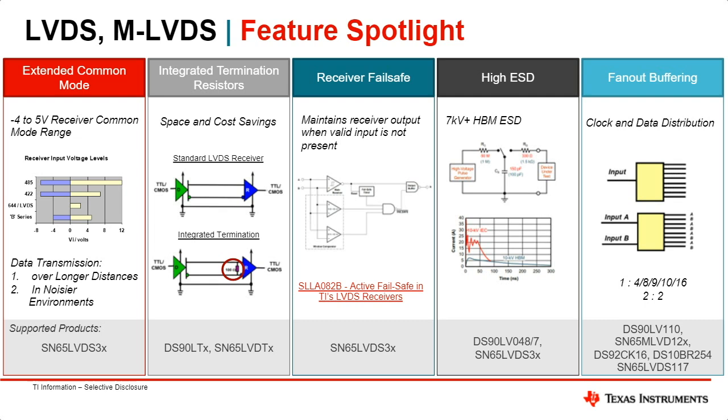The next feature is we have devices that support high ESD, so 7 kV plus HBM. And lastly, special feature products for fan-out buffering. So these devices have an LVDS input and are used to fan out to multiple LVDS outputs. This could be in the form of a single LVDS input fanned out to 4 LVDS outputs, or even up to 16.